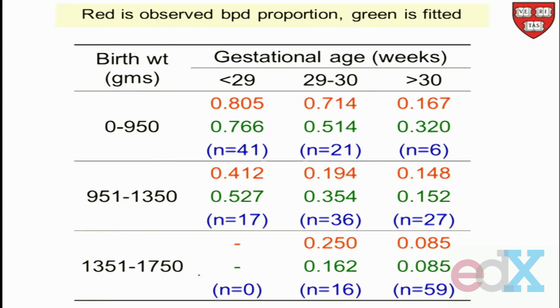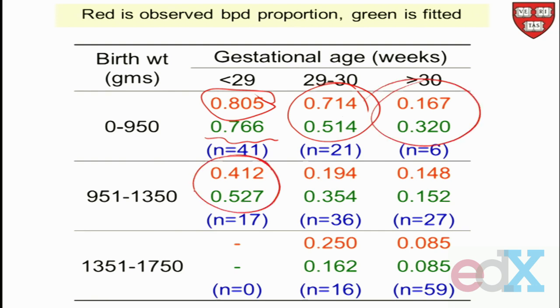How about the fit? Here's the fit. The red are the observed. We've seen those before. Within each cell, 80% in that cell had BPD. If we do the fitted value, it's 0.766. There's observed, fitted, observed, fitted, and so on.